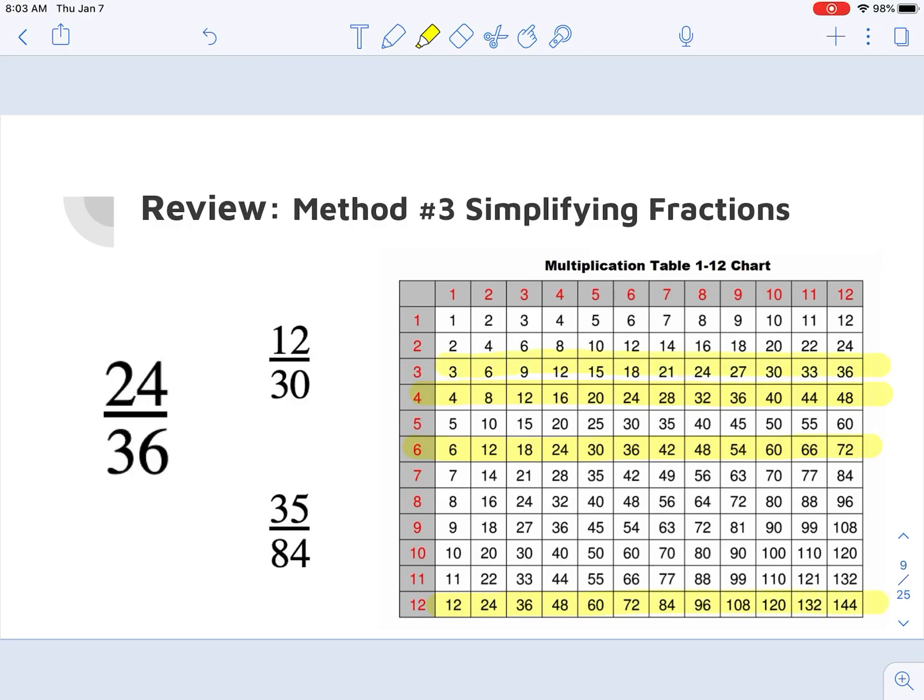And I can use this to find out what the biggest number is I can divide by. Well, the biggest one, they both have 12 as a factor. 12 goes into 24 and it goes into 36.